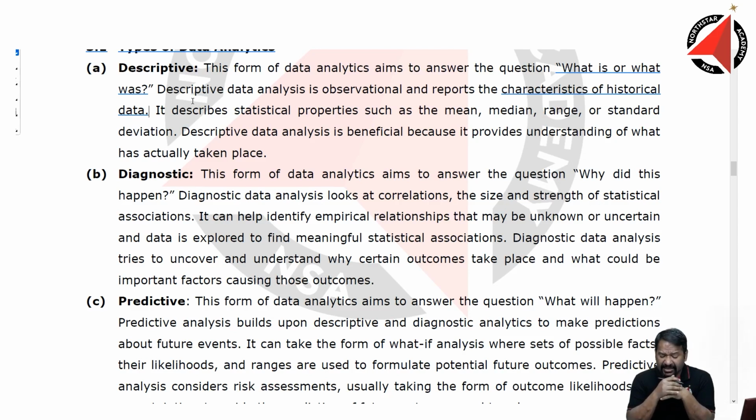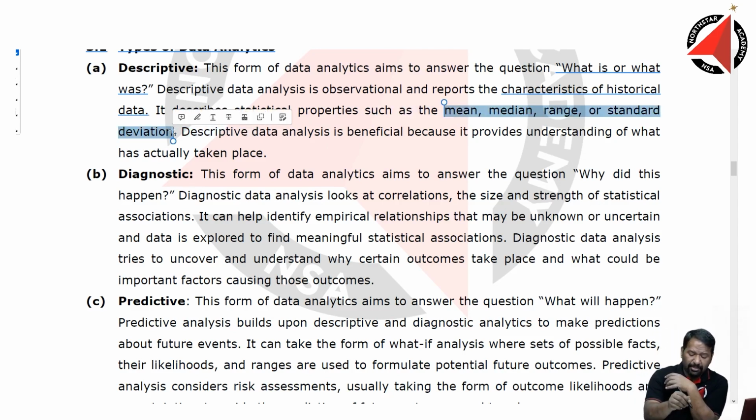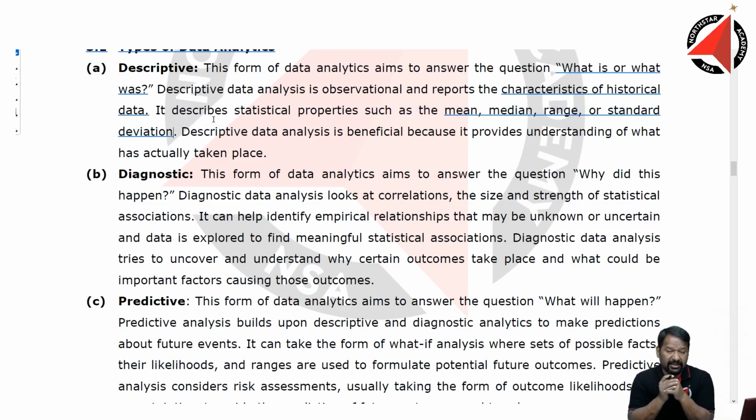It describes statistical properties such as mean, median, range, standard deviation. So it gives you complete information about what the data speaks. Whatever the data contains, it just tries to understand what it tries to convey. That's all it tries to say, which is descriptive: what is or what was in the data, what you found, what you analyzed. Diagnostic is going deeper.